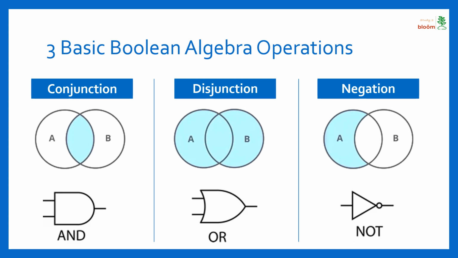Conjunction is the intersection of A and B, and it is denoted using the AND gate. Disjunction is the addition of both, which is denoted by the OR gate. And negation is not B, which means this area, NOT.